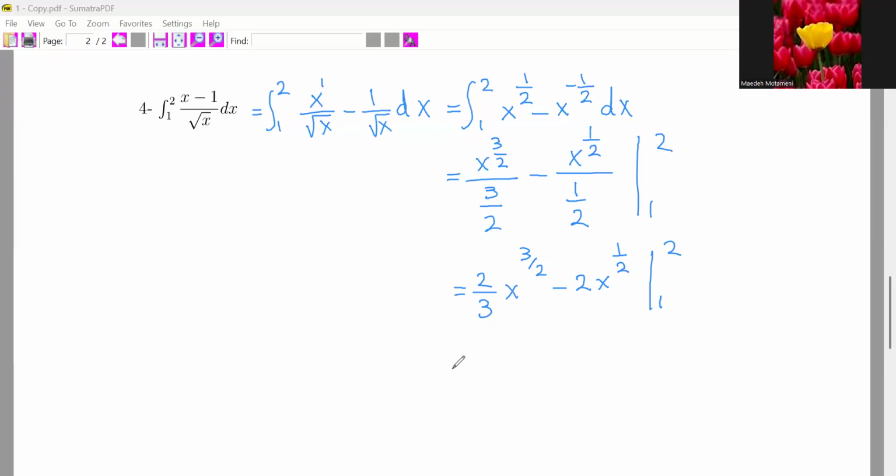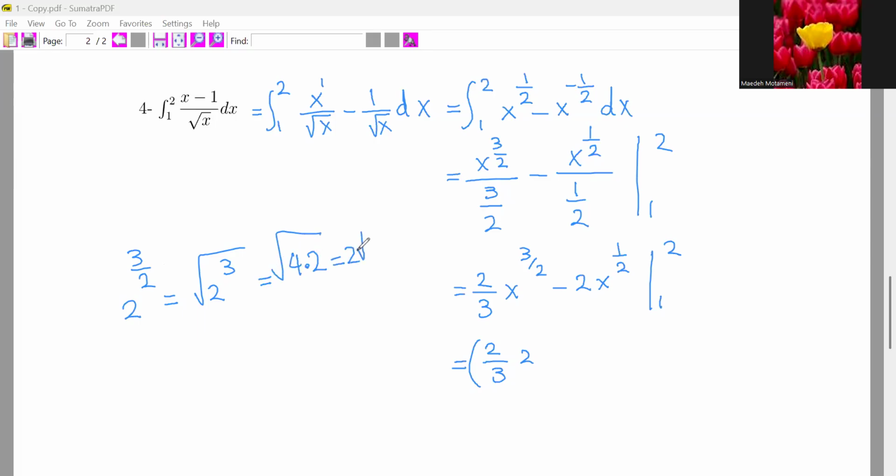So we would plug in 2 for x, that would be 2 to the power 3 over 2, which means 2 to the power 3 under square root, because nothing here means 2. So 2 to the power 3 means 4 times 2.